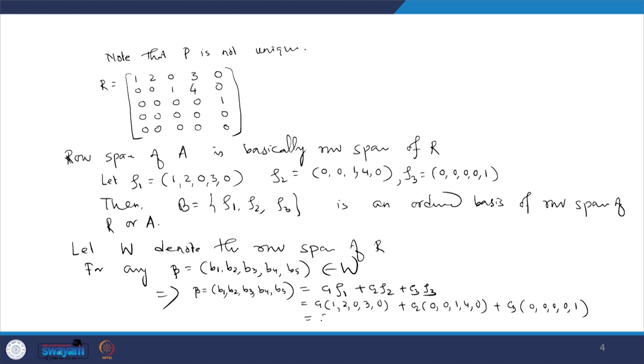So, the general element beta will be of the form c1, 2 times c1, c2, then 3 c1 plus 4 c2, and then c3.